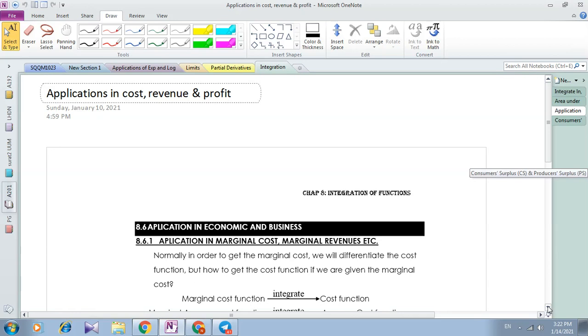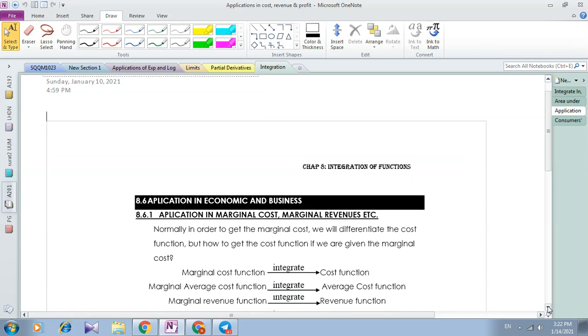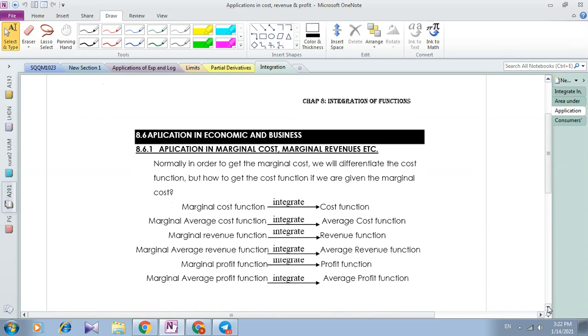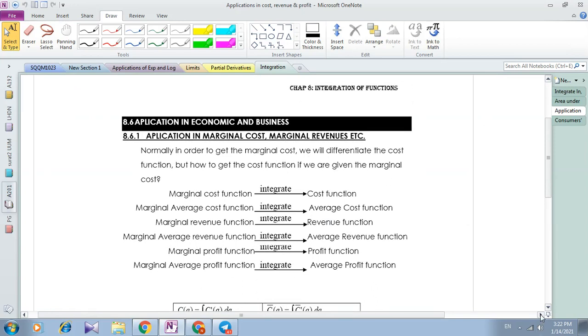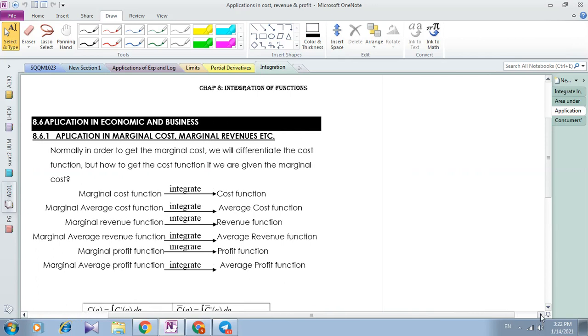In this video, we will look at applications of integration in cost, revenue, and profit. Until now, let's recall a few things that we have learned.